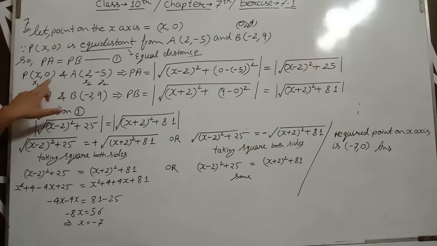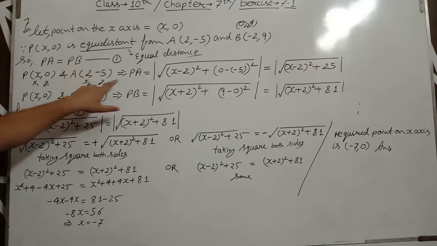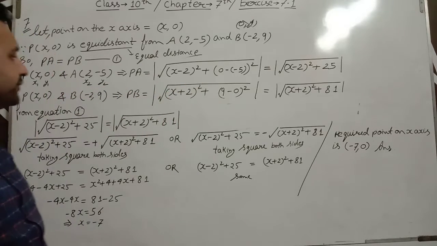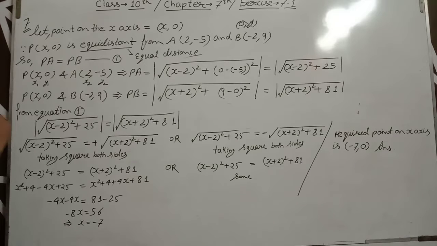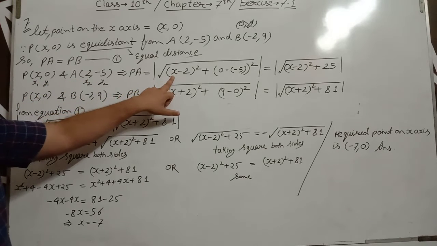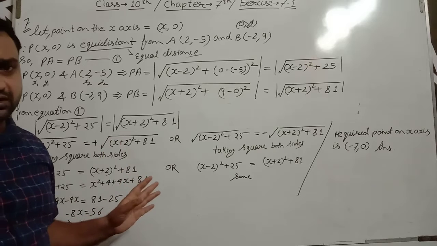Point P (x, 0), point A (2, minus 5), taking these as (x1, y1) and (x2, y2), using the distance formula. In the distance formula, we can apply x2 minus x1 or x1 minus x2, it is your choice. But if one of them is a variable, we put the variable first to make the calculation easy.